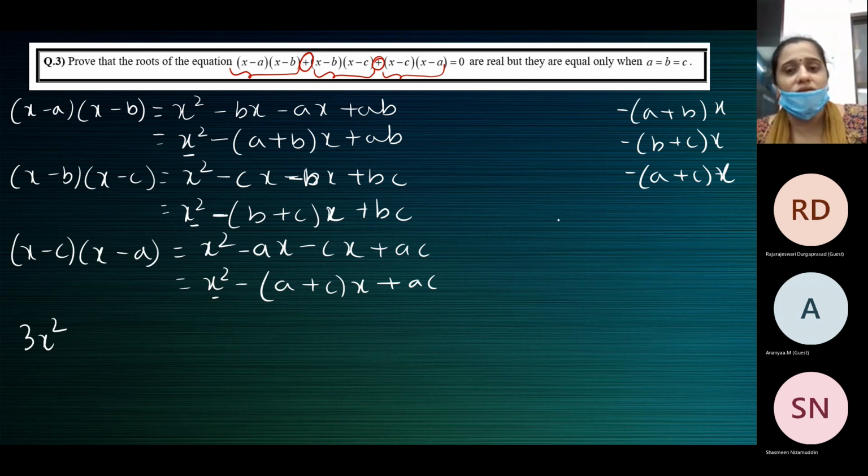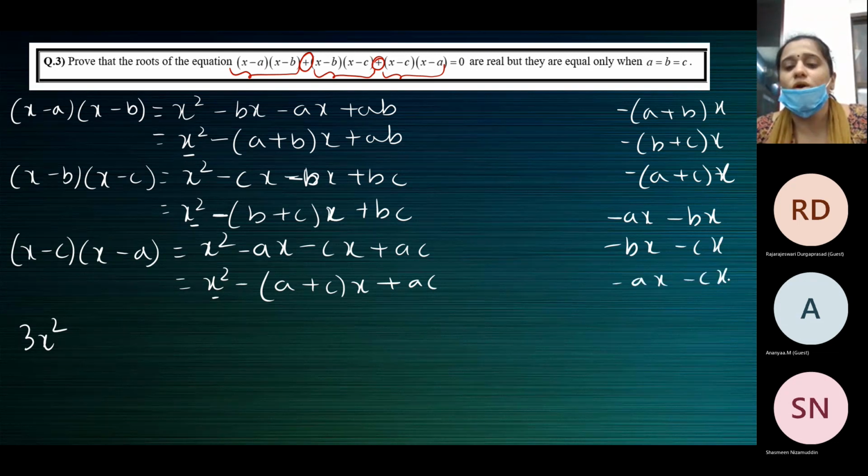Everywhere x is common, right? Open up then: minus ax minus bx, minus bx minus cx, minus ax minus cx. Now what do you want to take common? Minus or plus? Minus, that's what I was asking. So you'll get an x outside here.